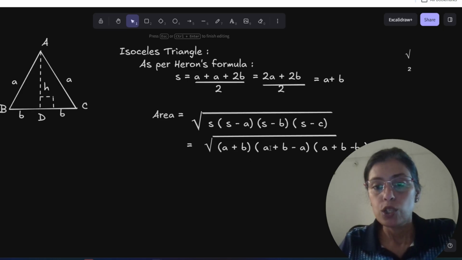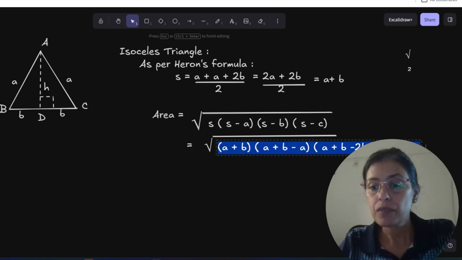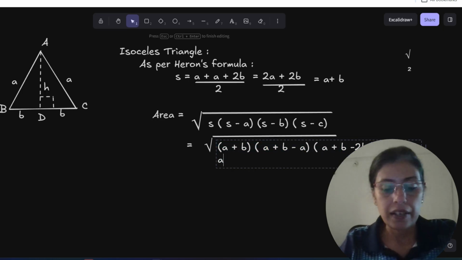Not B. So A plus B minus 2B. And A plus B minus, the third side is again A.